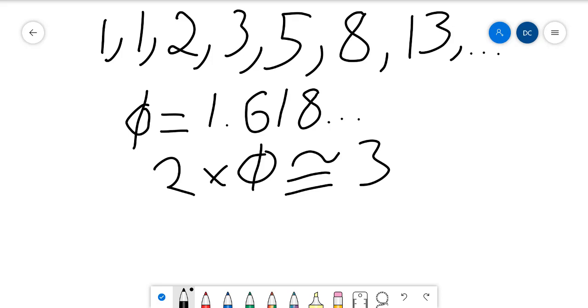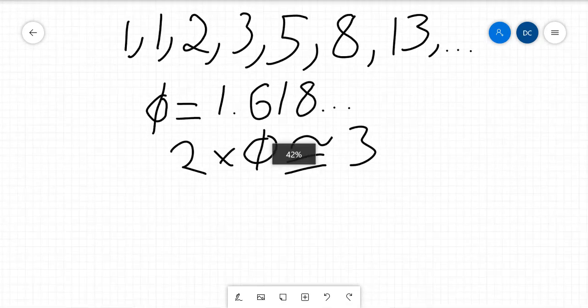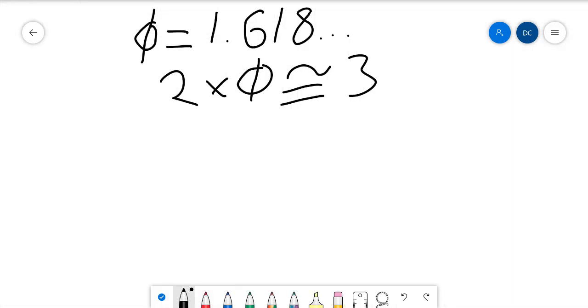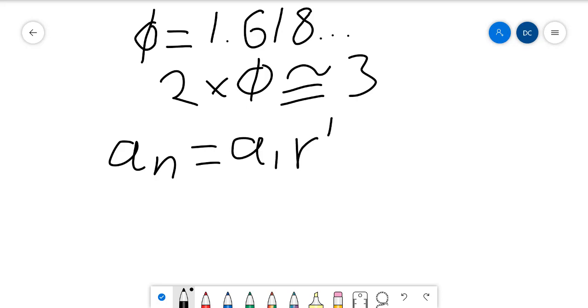So we can generalize this as a geometric progression. The only thing that we gotta have in mind is this ratio. So remember that a geometric progression is that one in which the nth element is formed by the first times the ratio raised to the power of n minus 1.